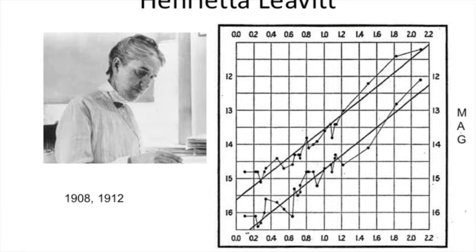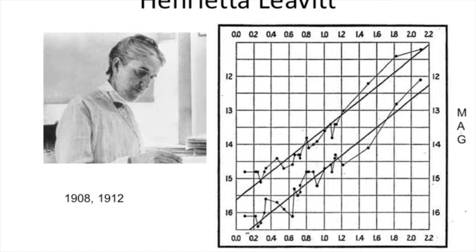And it was there in the early 1900s at Cambridge that Henrietta Leavitt takes up the task of actually obtaining photometry of some of these variable stars. First, she looks at the plates and discovers there are a lot of variable stars in the Magellanic Clouds.